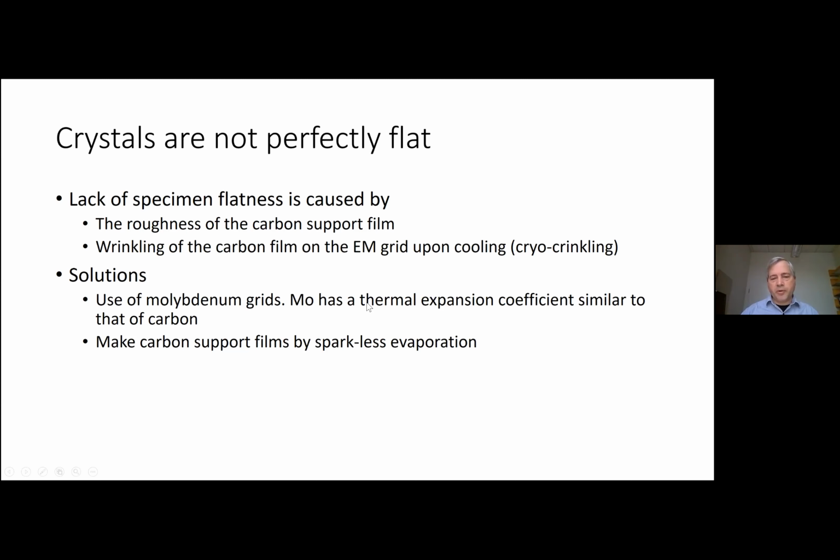So molybdenum grids were often used, because they have a much more similar thermal expansion coefficient to carbon, so they would stay flat when you freeze them. And you could also be more careful when you evaporate the carbon support films by not sparking it. I don't know if you ever evaporated carbon. Usually you have it sparking a little bit when it evaporates, and it evaporates very quickly. But if you keep it below the sparking temperature, it will be a higher quality carbon.